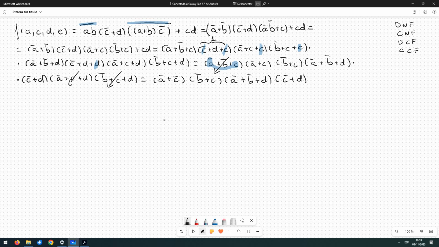And this is a product of sums. So we have the conjunctive normal form of the function.